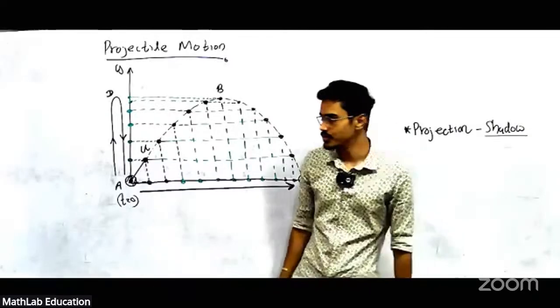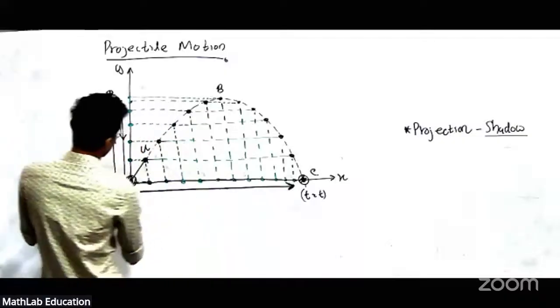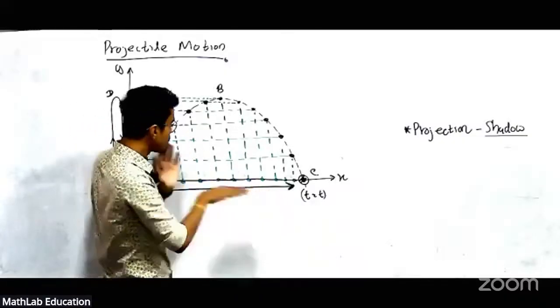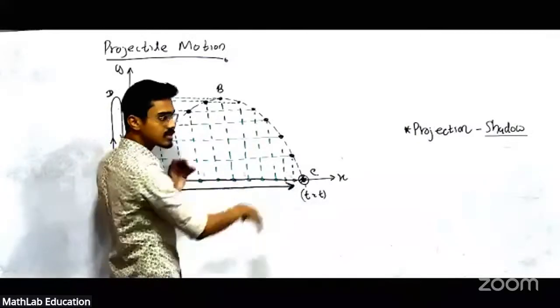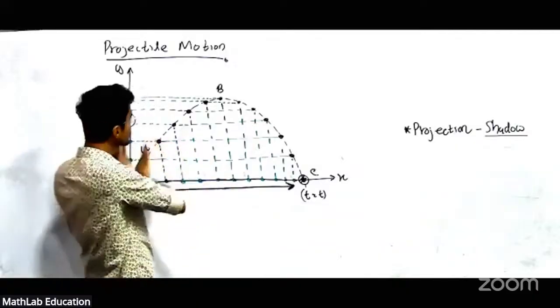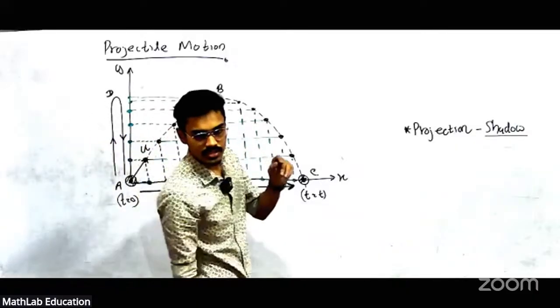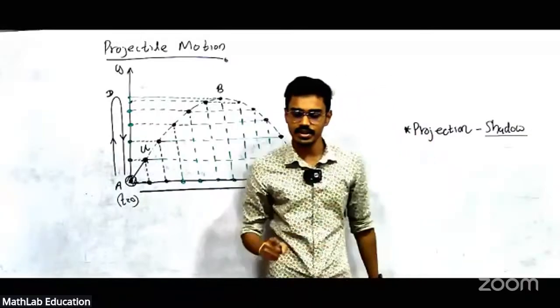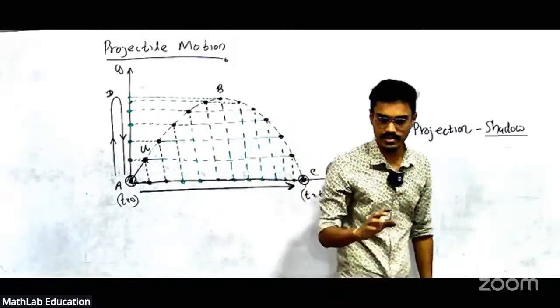If I think of the vertical direction, that's only a vertical motion. If I think of the horizontal direction, that's only a horizontal motion. But the resultant, the combination of these two, is going to be projectile motion, right? So the first and the most important idea to solve projectile motion questions starts from here.